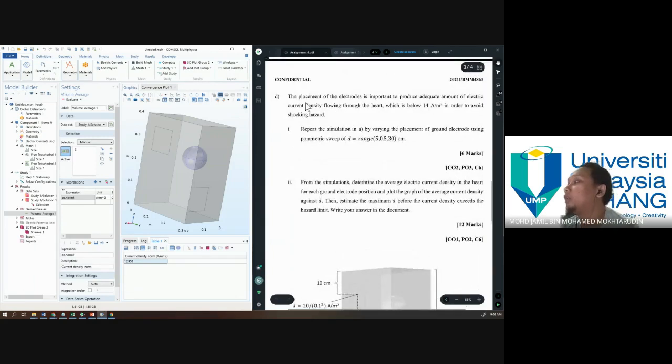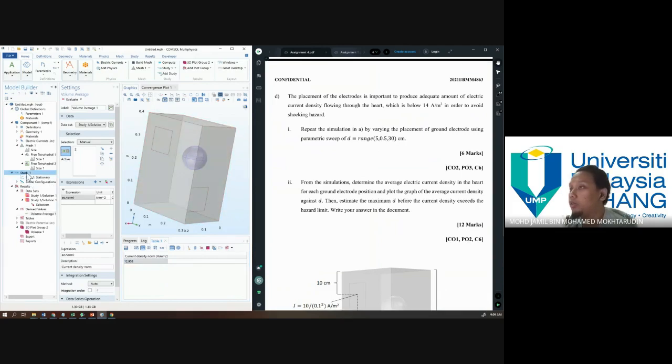Okay, now we move on to question D. So the placement of the electrodes is important to produce adequate amount of electric current density flowing through the heart, which is below 14, in order to avoid shocking hazard. So repeat the simulation in A by varying the electrode placement of the ground electrode using parametric sweep D equals range, this range.